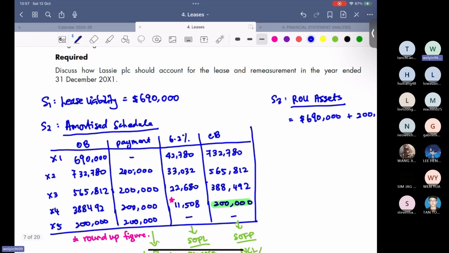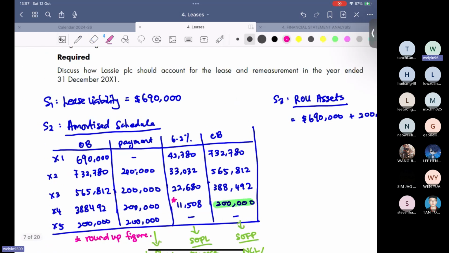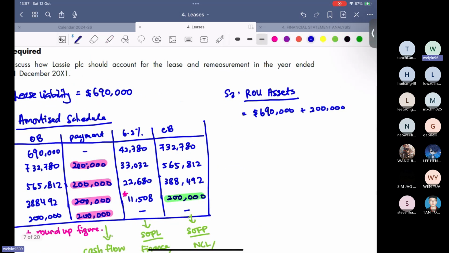You see, my payments over here are only 4 times. Where is the other 1 time? That means the moment you sign, you already make the payment. So this is my initial payment. That will become 890,000.